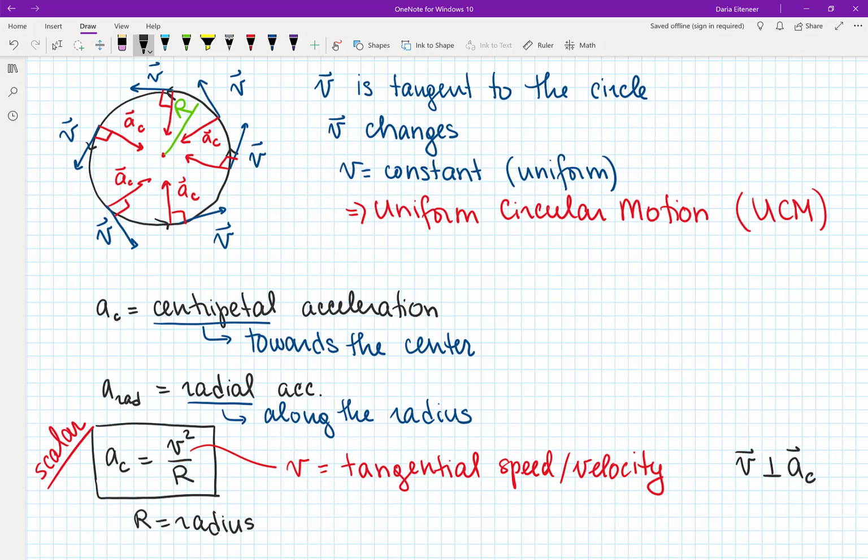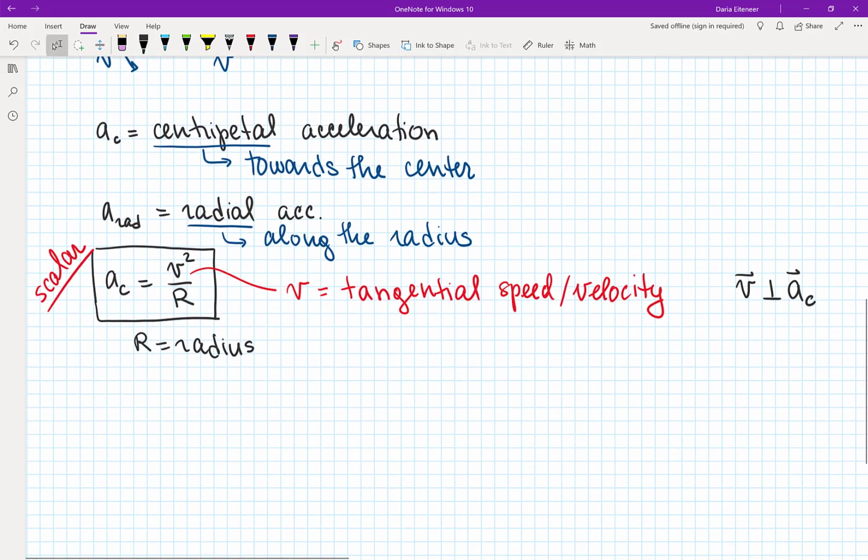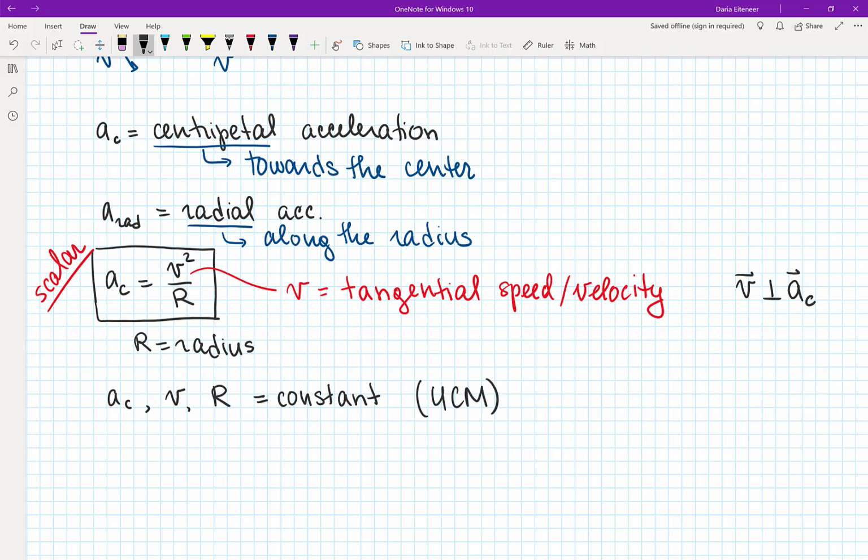So all of the quantities in this equation are scalar. And all the quantities in this equation are constant, right? So magnitude of centripetal acceleration, speed, and obviously radius are constant. So this is again the property of uniform circular motion.